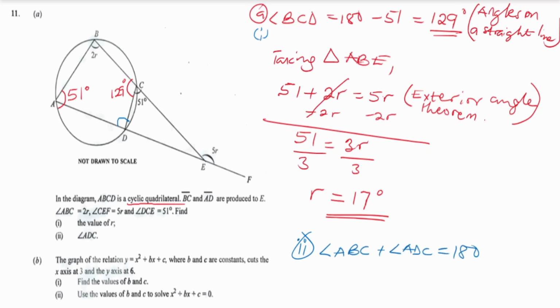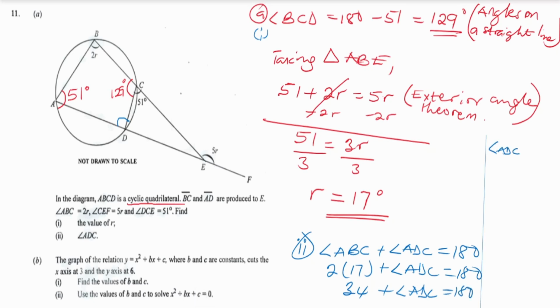We know angle ABC is 2R, and we know that R is 17, so that I don't repeat too many steps, 2 times 17 plus angle ADC equals 180. This is 34 plus angle ADC equals 180 degrees. So angle ADC will be equal to 180 minus 34, and that will be equal to 146 degrees. And that is the II part.